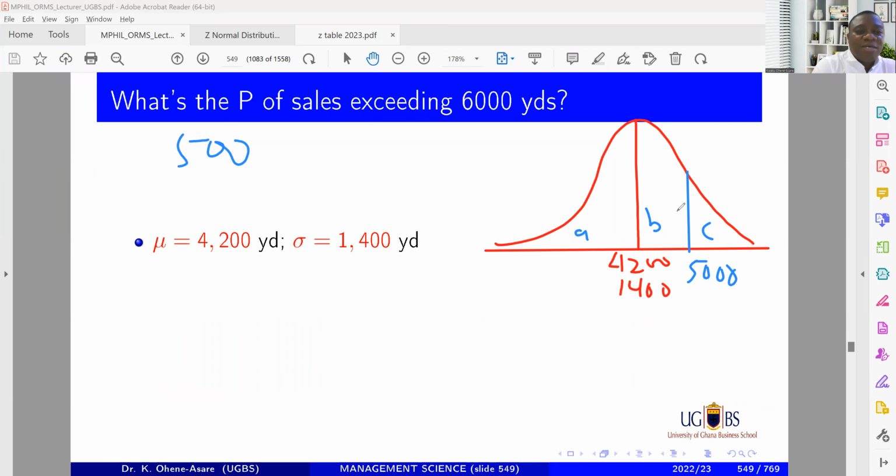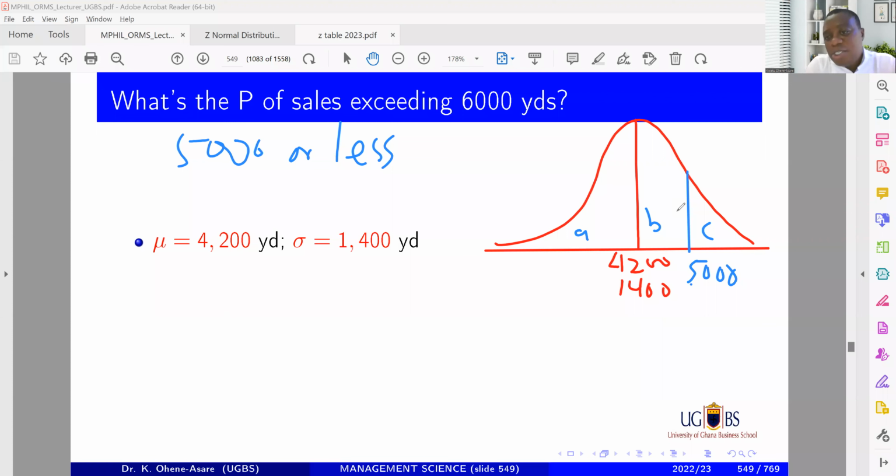Less means anything below 5,000. If this is 5,000 and this is 4,002, then 3,000 will be somewhere here, then 2,000, 1,000, and on and on. So it's all the numbers below 5,000. That is what it is asking.